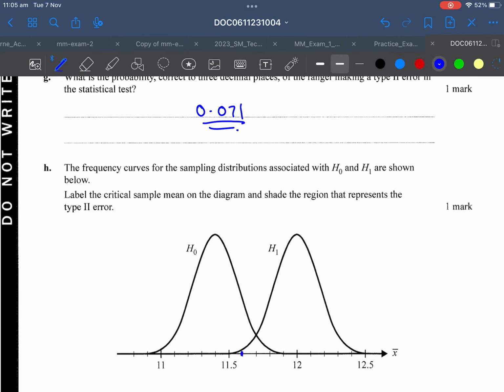So 11.6 is here. So our mean was somewhere over here. So this will be our critical mean, so that was 11.632, and our type 2 error, as I already showed earlier on, would be this section over here. And I think that concludes everything.